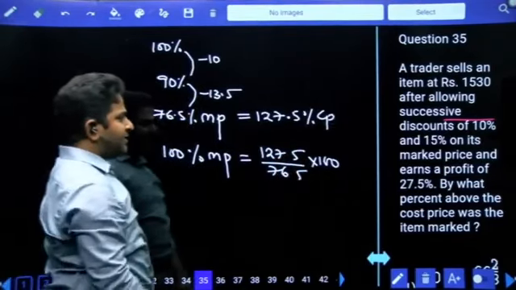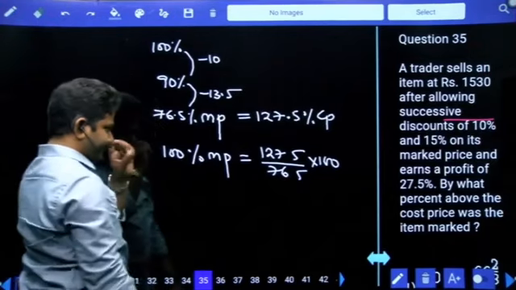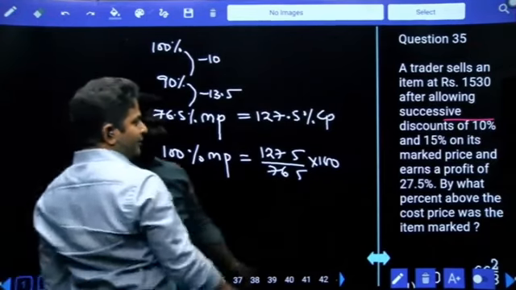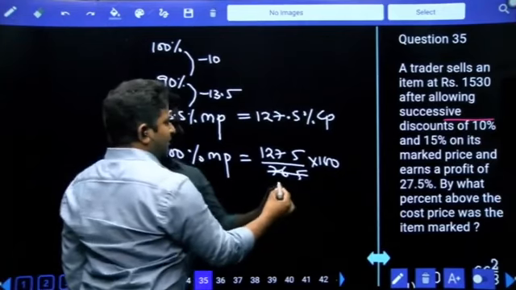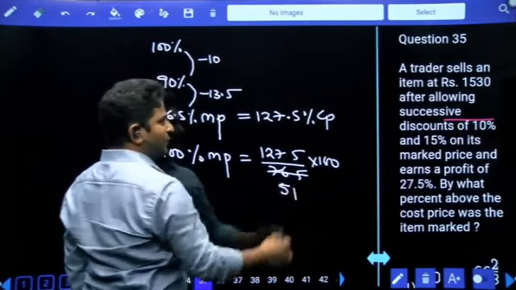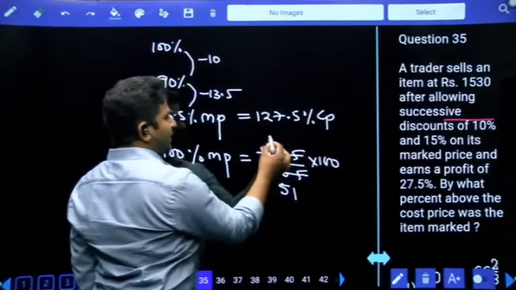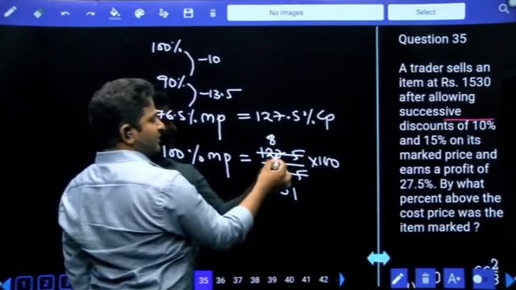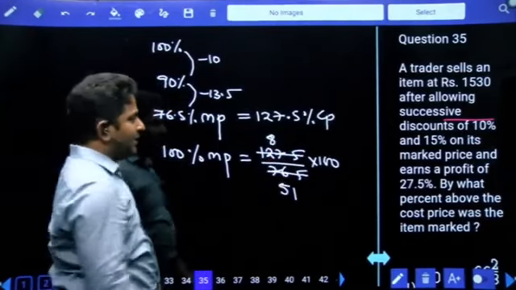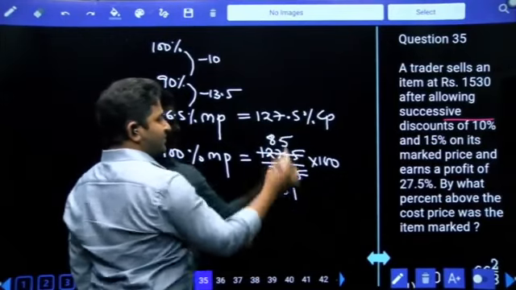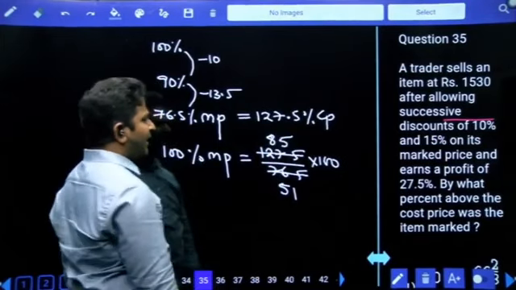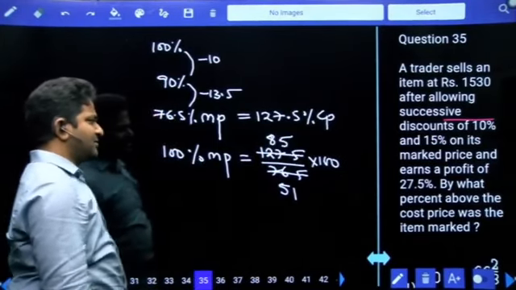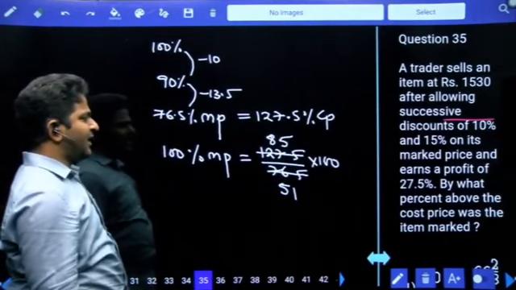Now, cancellation: 15 times 5 and 15 times 8, which is 120. Again, simplification can be done.